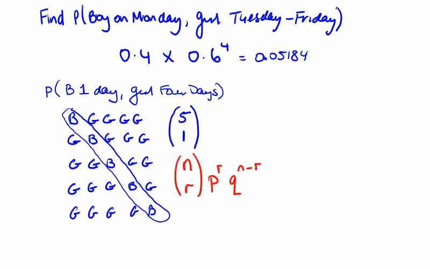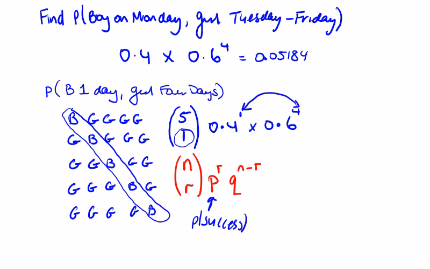The 5 choose 1 gives me the 5 ways, and it's the probability of success for a boy, 0.4 to the power of 1, the number we want, always this number here. Then it's multiplied by the probability of it not being a boy, which is the probability of it being a girl, to the power of 5 minus 1, which is 4. You can see these 2 powers always add up to n, and the bottom number is always the first power. This is how we set up a Bernoulli trial.